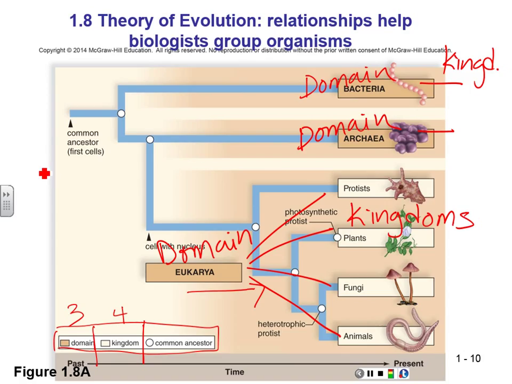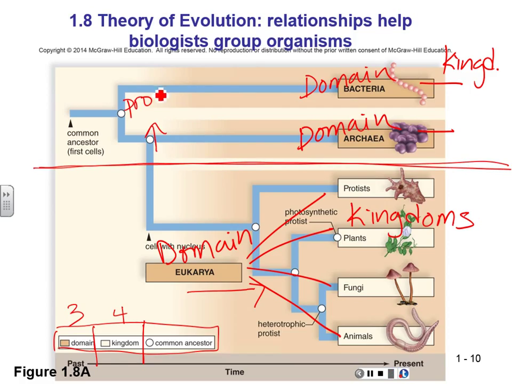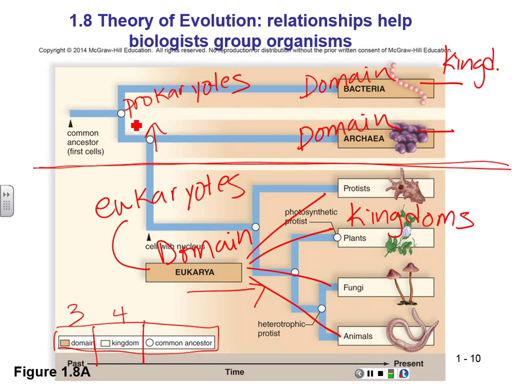Another point that I should draw a line here is that these, we call them prokaryotes, and these are called eukaryotes. Do you see how close the domain name is to eukaryotes? What they're trying to say is this is before, and this is before they had a nucleus.